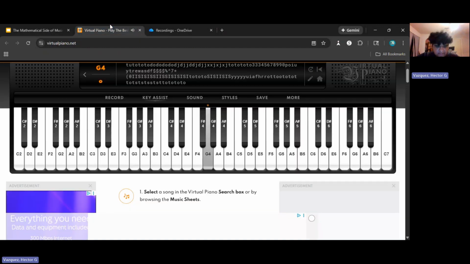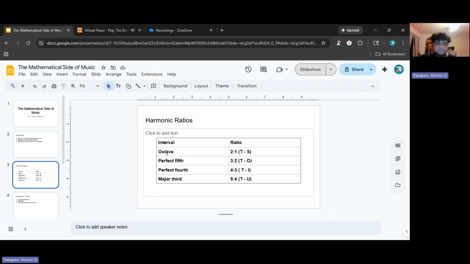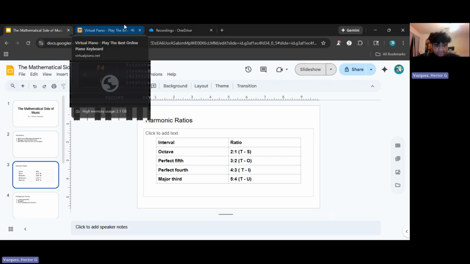For me, it's TI on the keyboard. And finally, a major third, which is the ratio of 5 to 4. For me, it's TU on the keyboard.